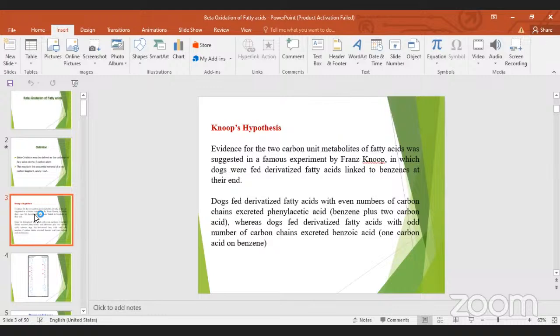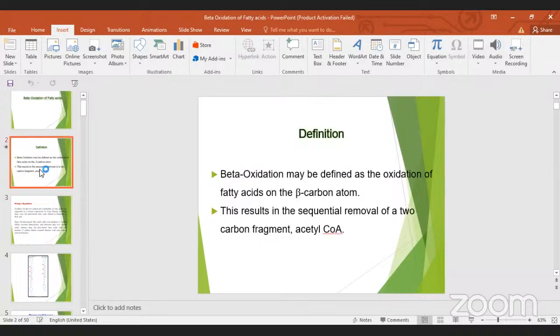This was suggested in a famous experiment by the French scientist Knoop. Beta oxidation is the main process of fatty acid breakdown.